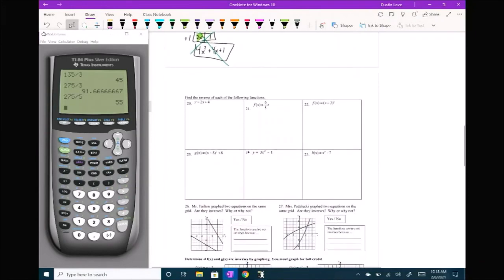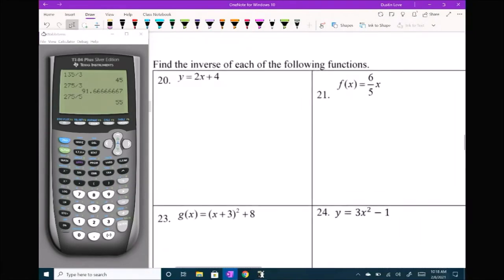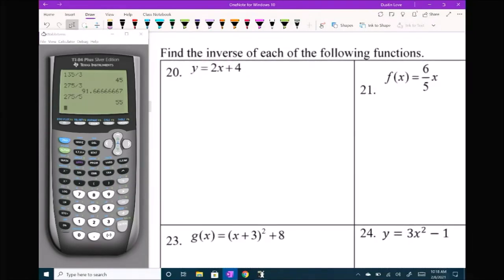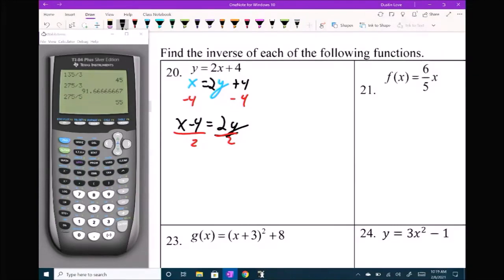Okay, next section, finding inverses. Now remember, our basic form for finding inverses is to switch the x and the y and then solve for y. So we're going to subtract 4 on both sides. That's going to give me x minus 4 is equal to 2y. Now let's divide everything through by 2, which is going to give me y equals x minus 4 over 2.